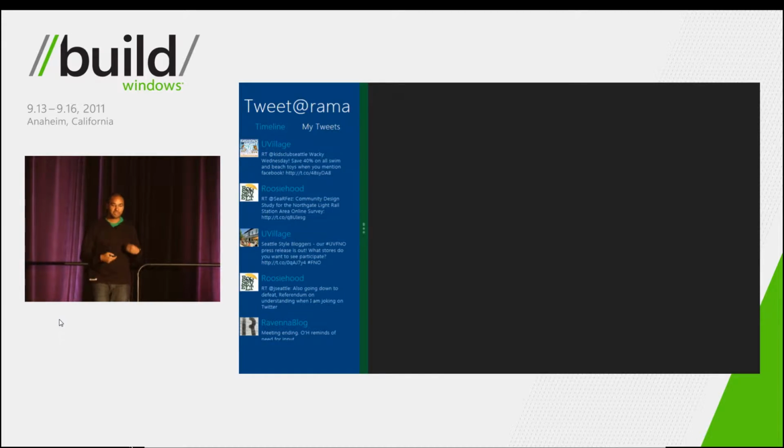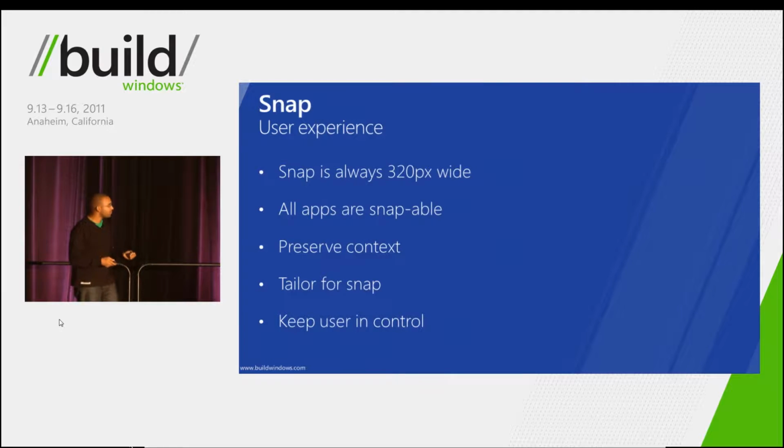So when you're thinking about your snapped view, we want to think about how we can preserve the context of your application and state and everything, all of the features even that you have in your full view that you have in your snap view, where it's possible.